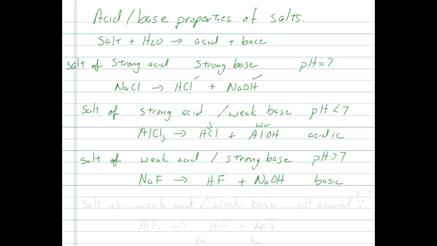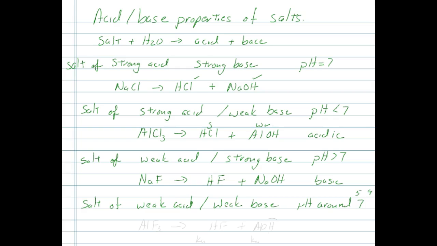If you have a salt of a weak acid and a weak base, the pH is going to be around 7, in the 5 to 9 range or so.